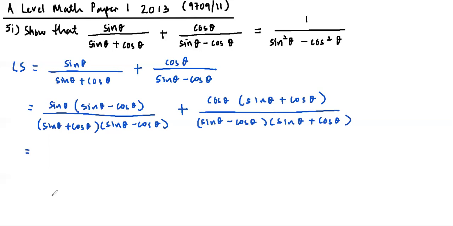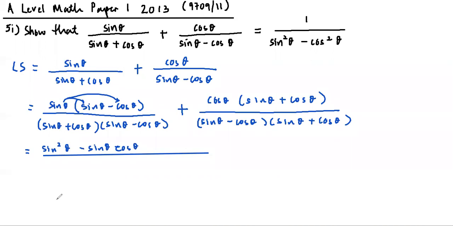Now let's look at the numerator. For the first term, when you expand the numerator, that gives you sine squared theta minus sine theta cosine theta.